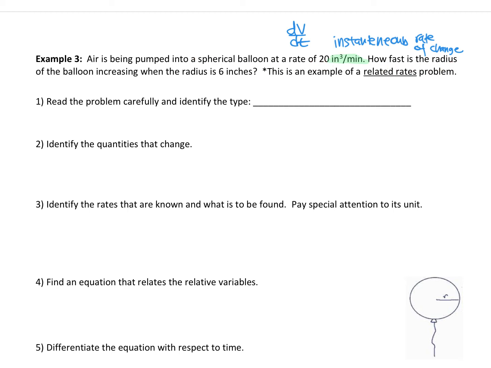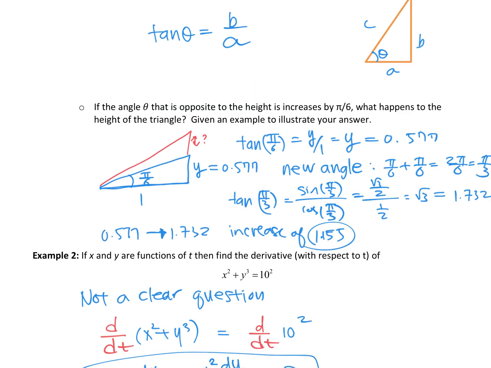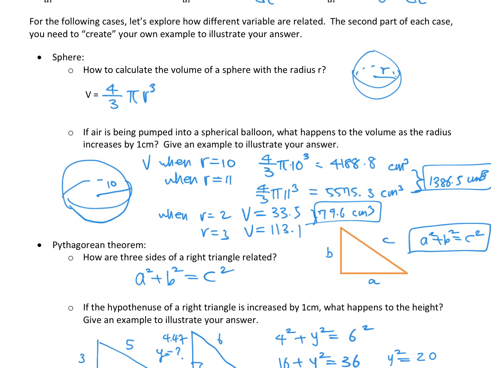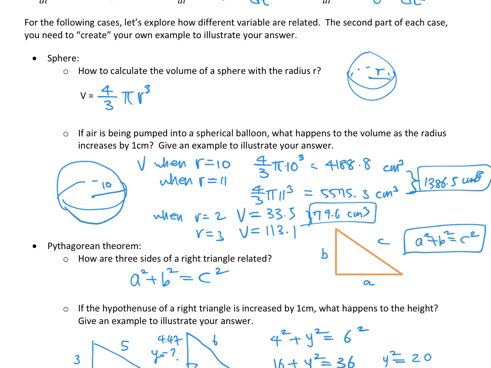How fast is the radius of the balloon increasing when the radius is 6 inches, right? As I said before, if I scroll up here, I asked the same question: how fast is the volume changing? And it depends on what radius, right?